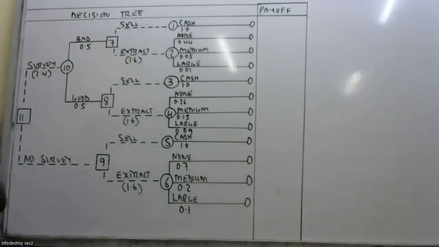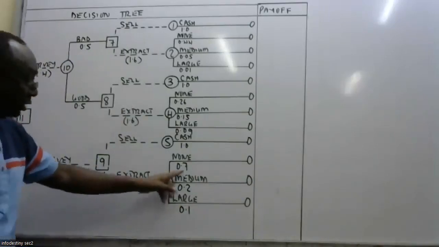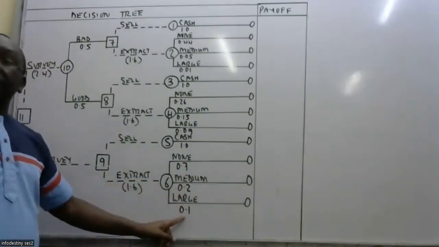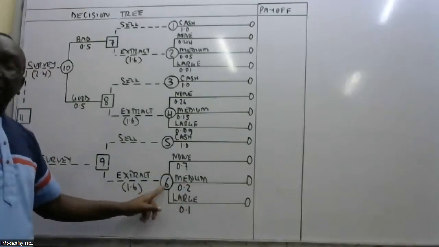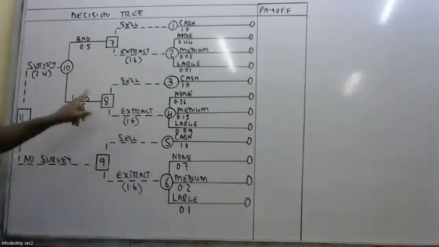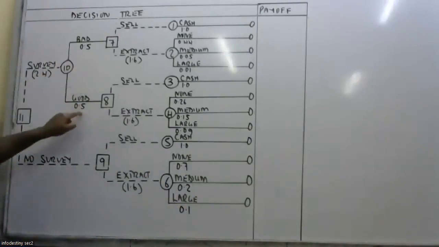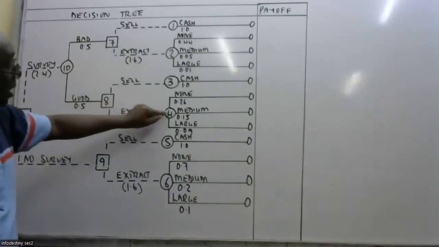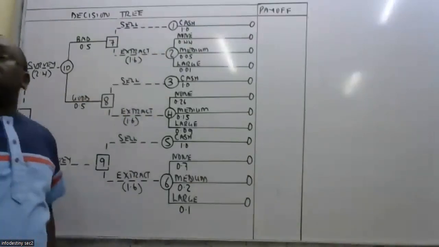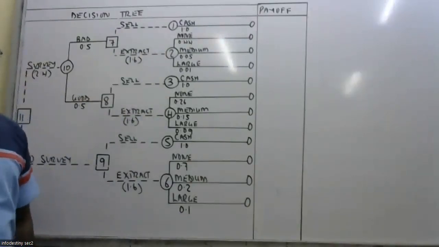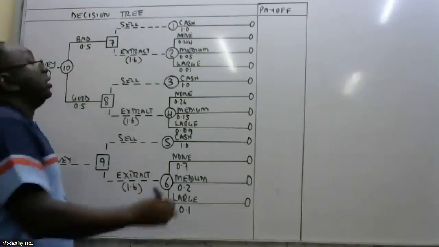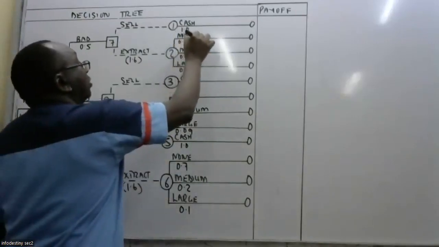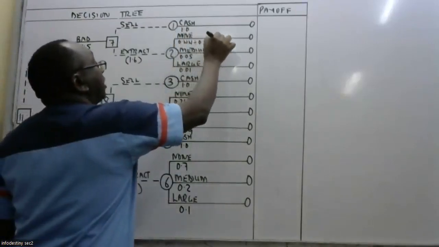Now, look here. If you look at these probabilities, you can see they are adding to 1, because probabilities that share a starting point must always add to 1. But for these ones, they're not adding to 1. So what we do is divide each by the total of those 3. We divide here by 0.5 so that we get 0.88.